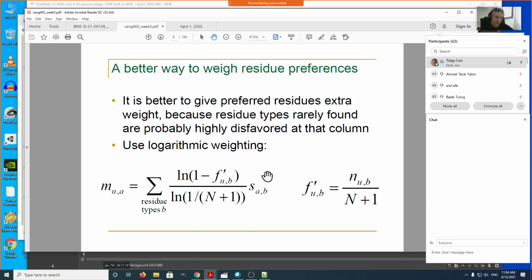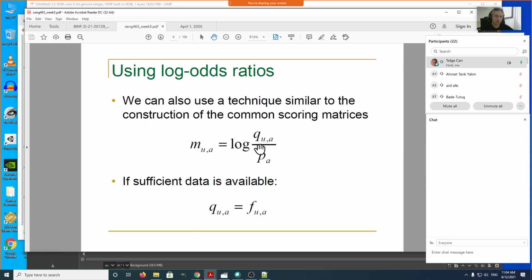And another heuristic that can be used to compute these MUAs is to borrow ideas from the scoring matrices, how they were computed in the first place. If you remember, the scoring matrices were computed as log likelihoods.